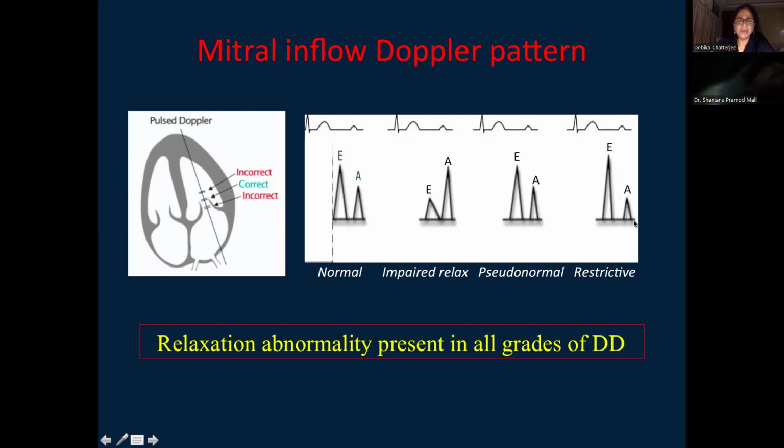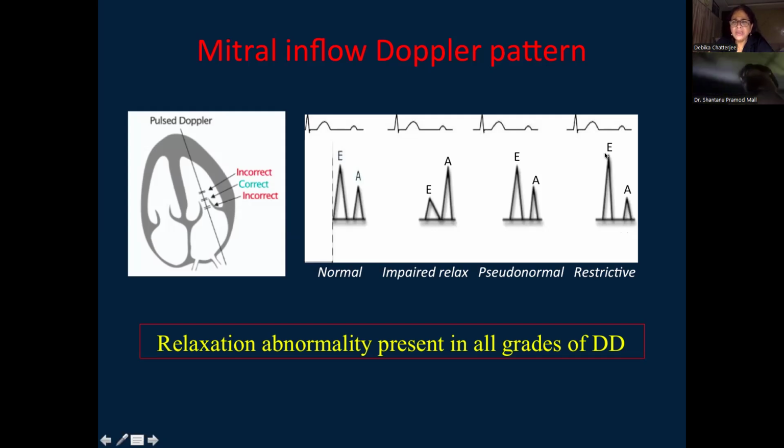But the A wave again is small. Why? This is because LV is non-compliant. So though the LA pressure is high, it is like a balloon made of thick rubber. Though the LA is trying to push the blood, since the LV is non-compliant, it's unable to push it, leading to a very small A wave.